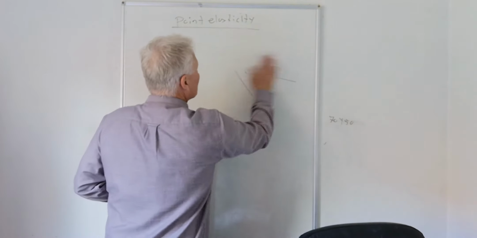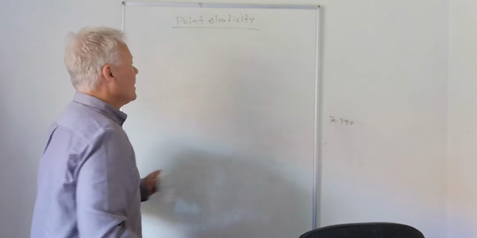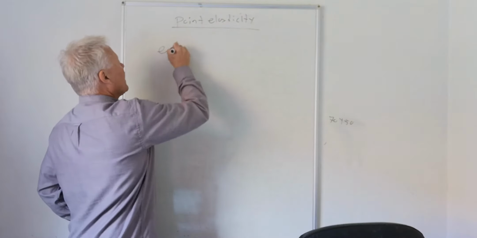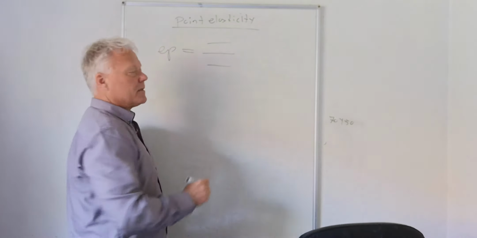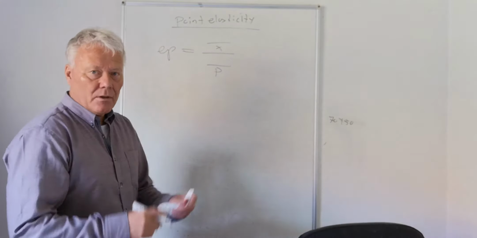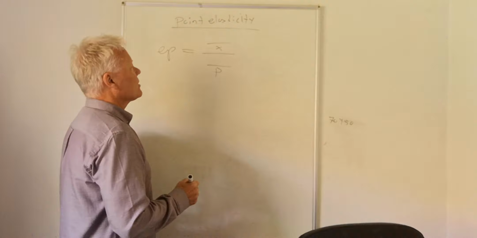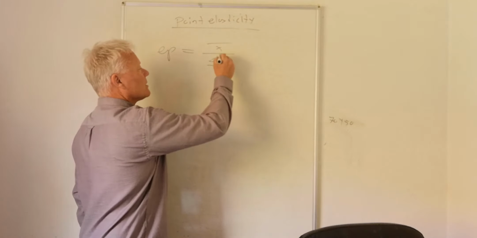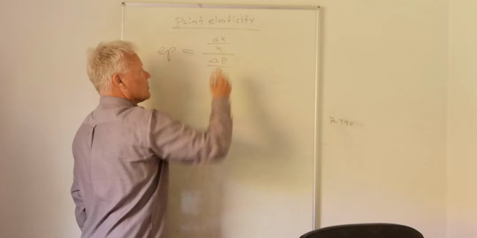So if I'm going to continue and deduce the point elasticity, we start out by looking at the normal elasticity, where the price and the number of units are linked together. So at a certain price, you're selling a certain number of units. If you change the price, you will also change the number of units sold.